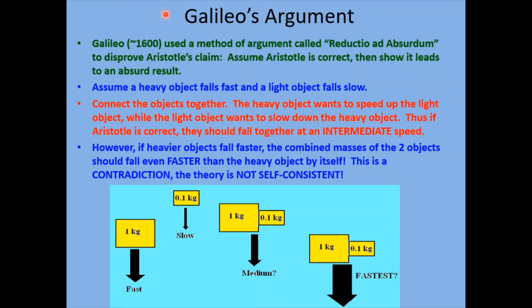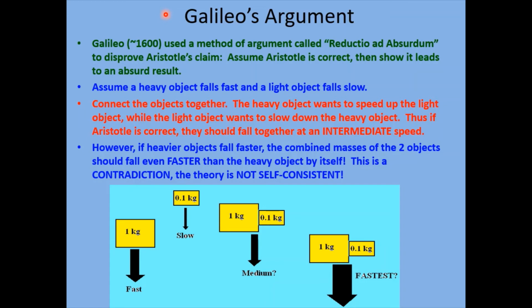Now, Galileo lived before Newton, and so he didn't have Newton's laws of motion to help figure out this question about why things fall at the same rate. However, Galileo was a genius, and he was able to discredit Aristotle's claim just using logic.